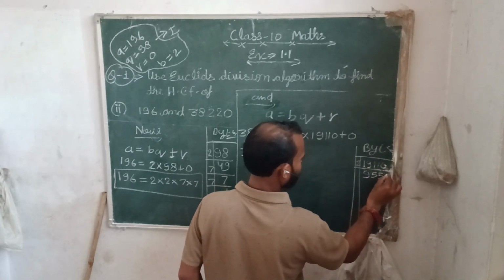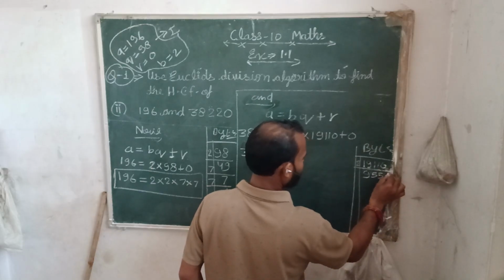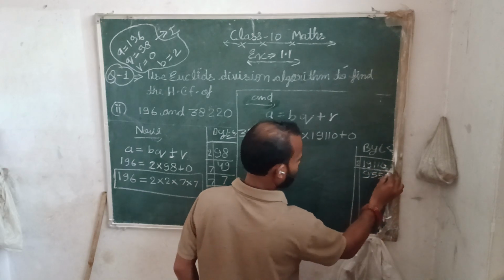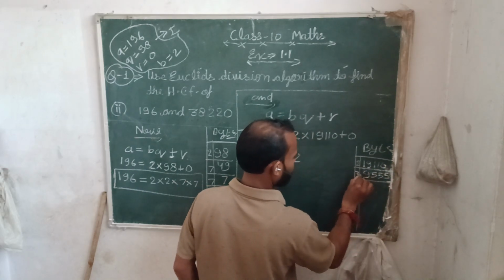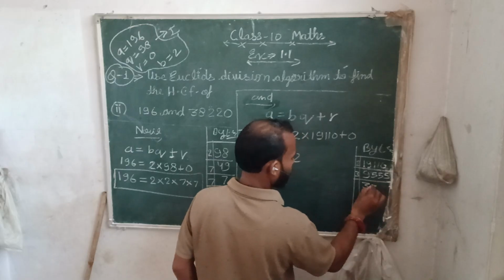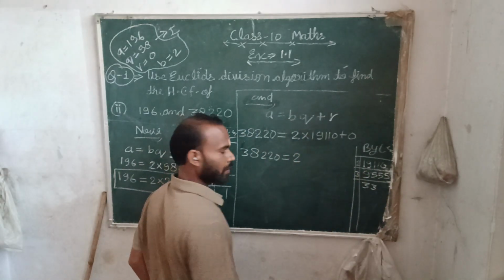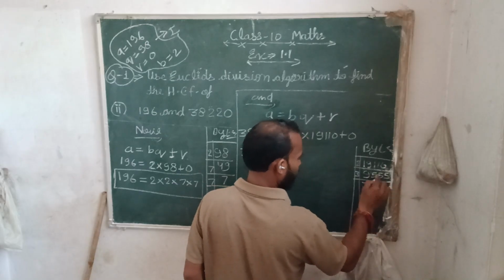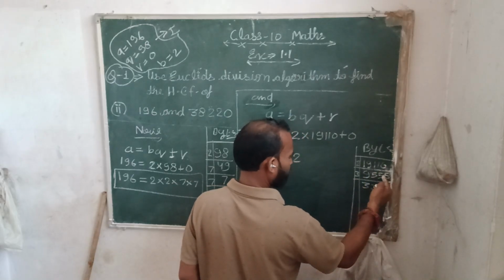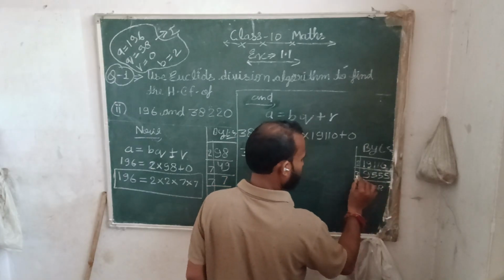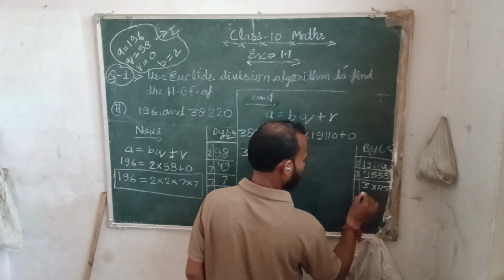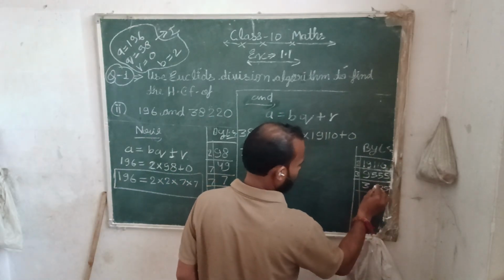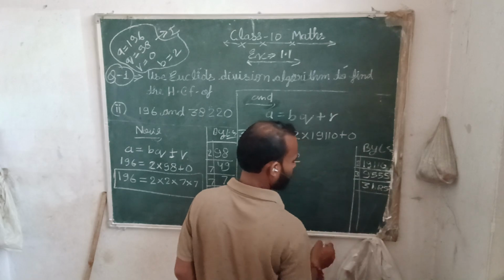Then divisible by 3: 3 threes are 9, 3 ones are 3, remains 2, 25, 3 eights are 24.